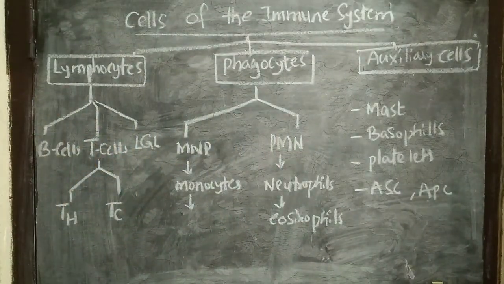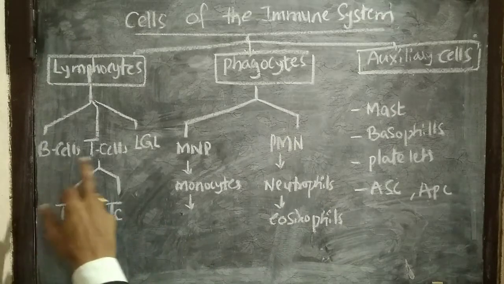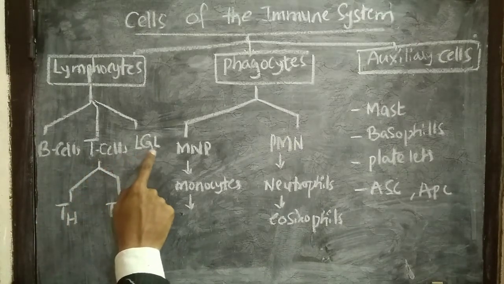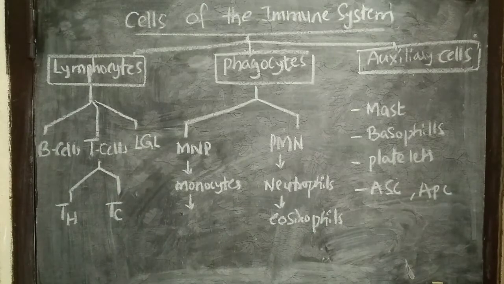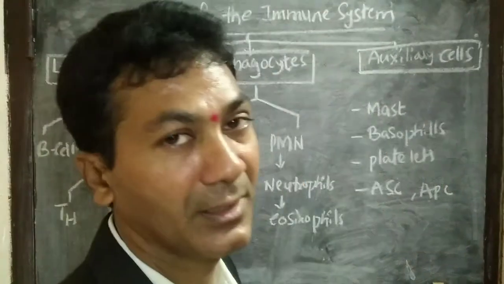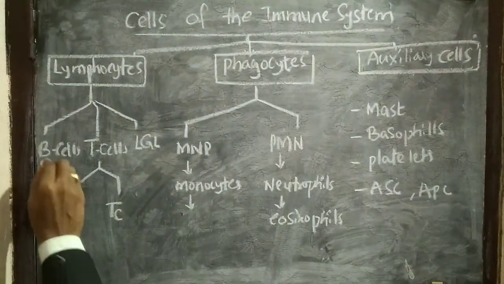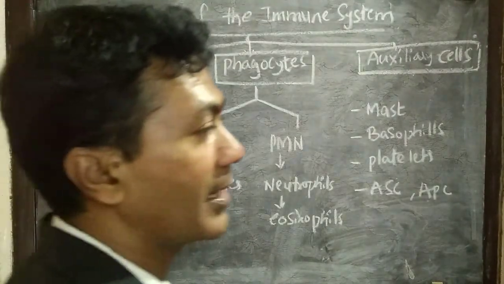First one, lymphocytes. Lymphocytes are of three types: B lymphocytes, T lymphocytes, and large granular lymphocytes. B lymphocytes are produced in the bone marrow.